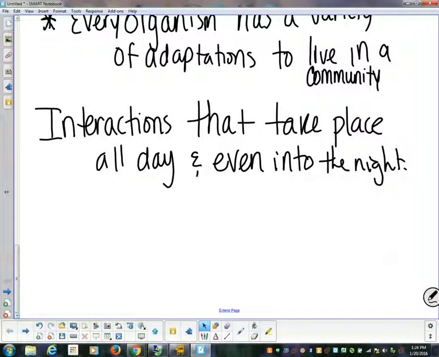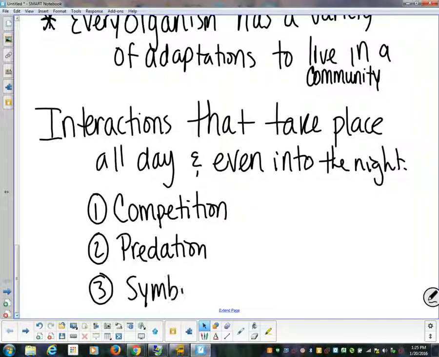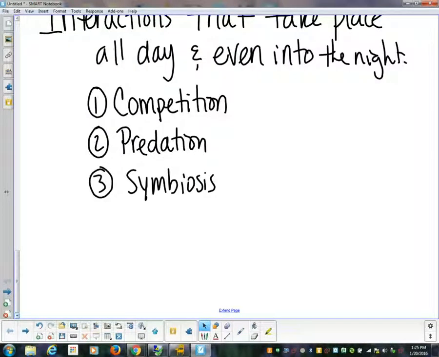Okay, so there are different interactions, and the title of the section is Interactions Among Living Things, and so some of the interactions of those living things, one of them is competition. The second one is predation. And the third one is called symbiosis. Okay, and so we'll look at each one of these a little bit more specific. All right, so organisms interact with each other through competition, through predation, and through symbiosis.